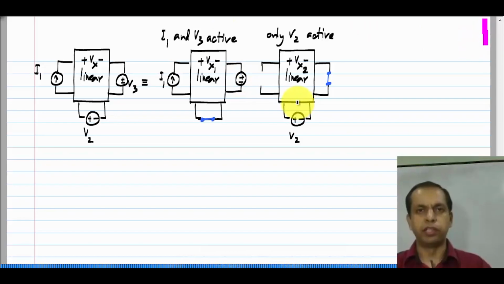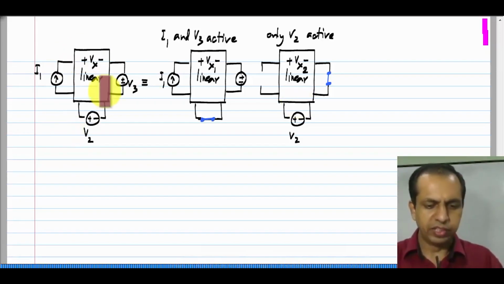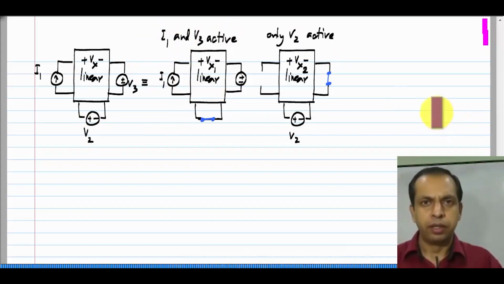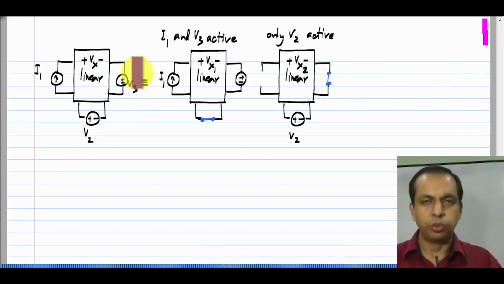Now, the very minor extension I mentioned is this. I do not have to take one independent source at a time. I could take multiple sources. For instance, here I think of this case as superposition of 2 cases, one in which I1 and V3 are active, and the other one in which only V2 is active. The only thing I have to ensure is that over all the cases I consider, I take all the sources, all of them must be occurring once and exactly once.